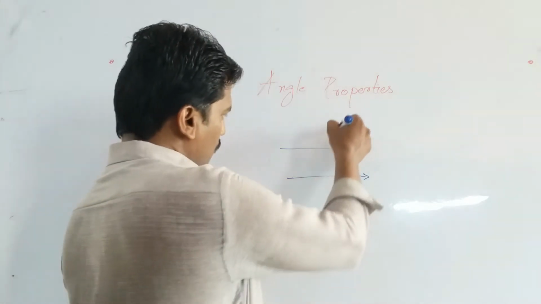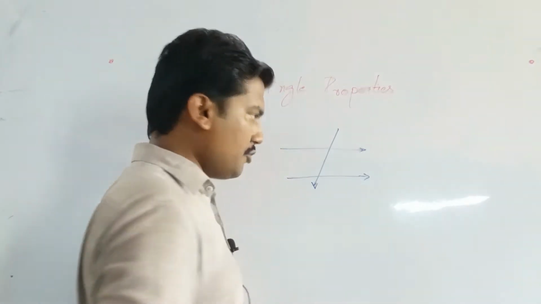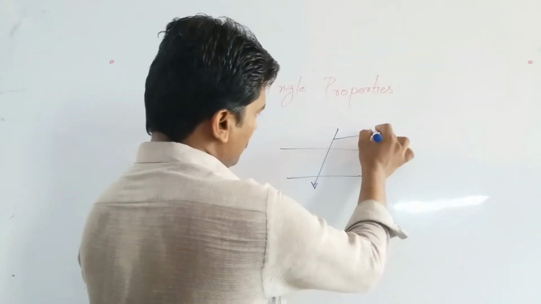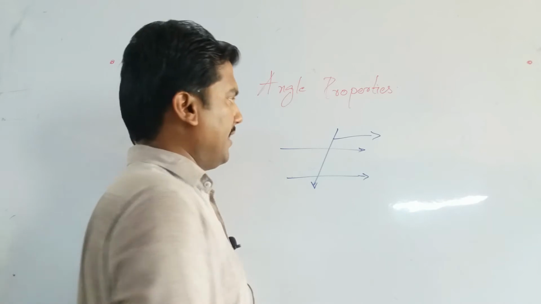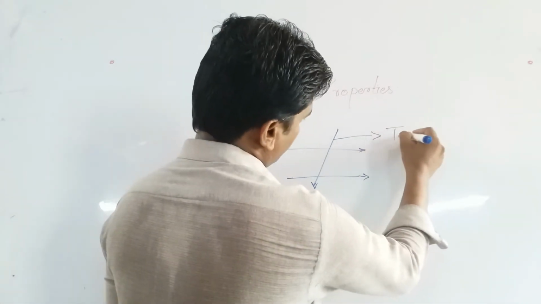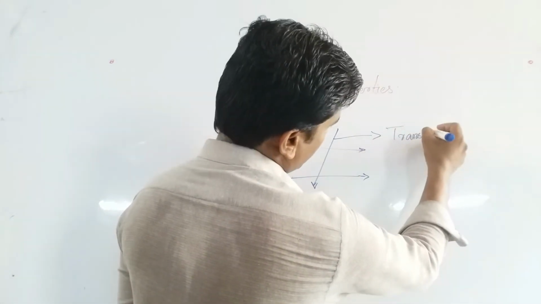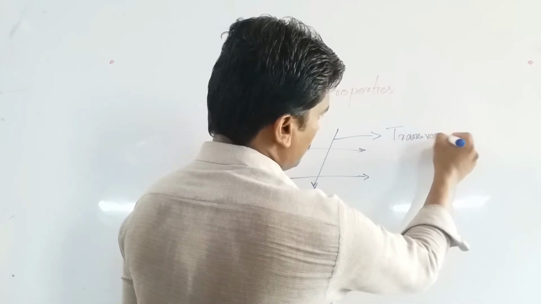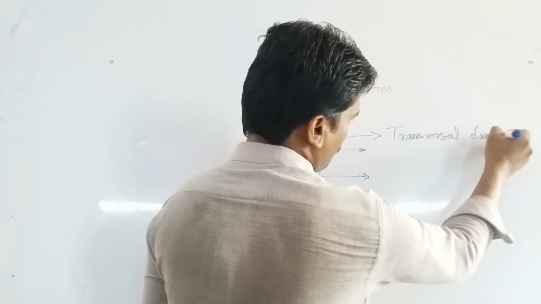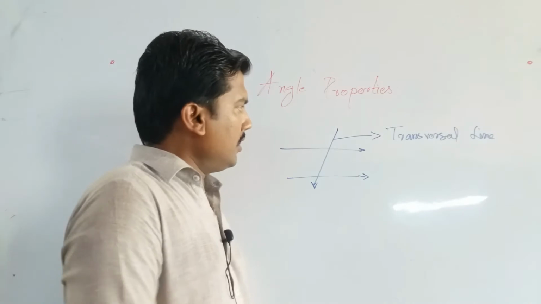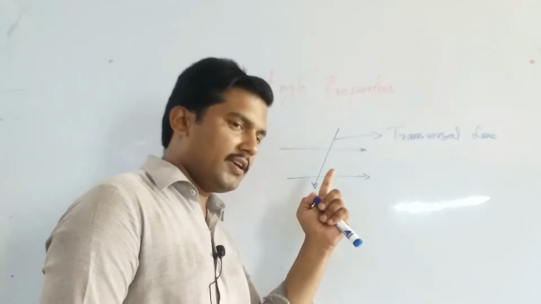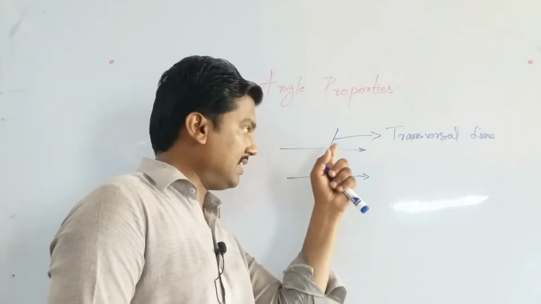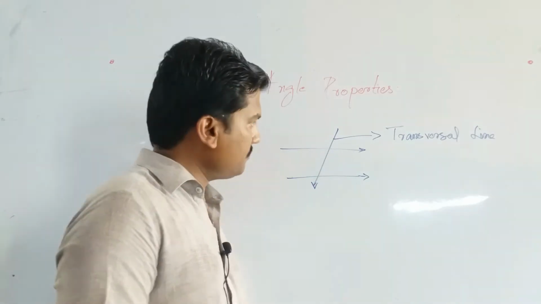Now one line which cuts these two lines, this line cutting the parallel lines, is called the transversal line. Now this transversal line is making some angles on these parallel lines.